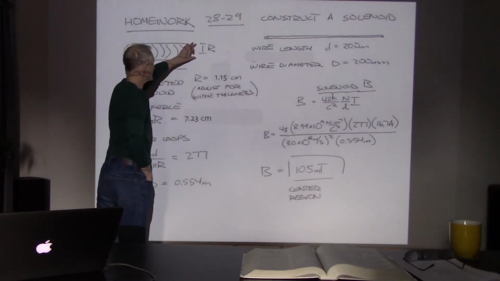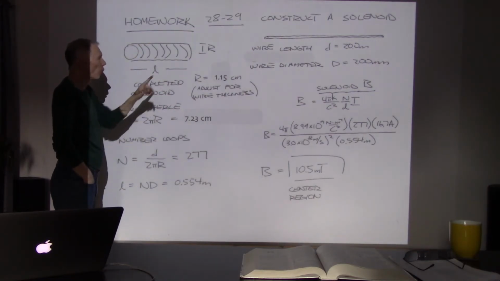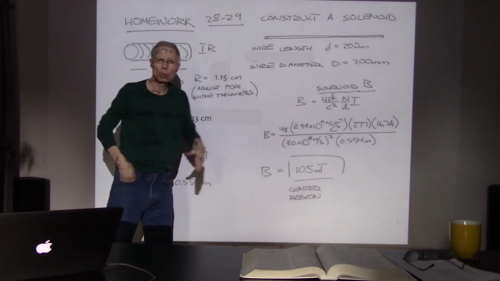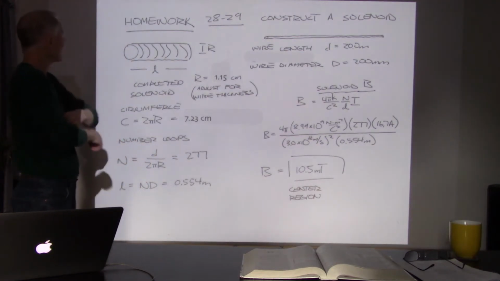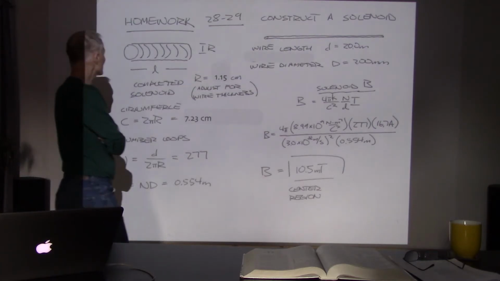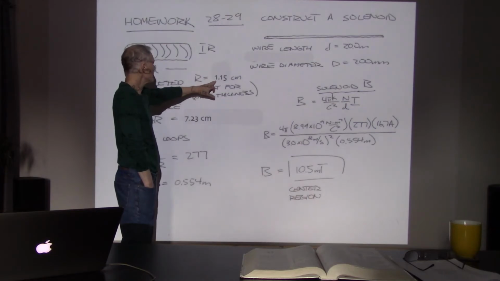The way we're going to do that is, they tell us that the outer radius needs to be 2.5 centimeters. The wire itself is 2 millimeters in diameter, so I'm going to come in from each side and drop that down to 2.30 centimeters for a diameter. If that's the diameter, then the radius we're going to use is half of that.